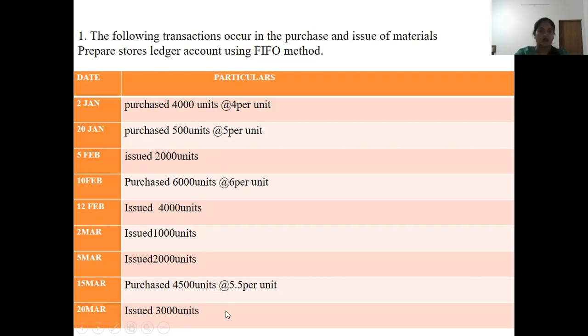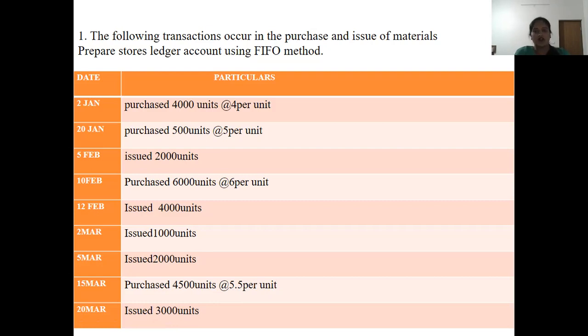This is the problem given under the FIFO method. Let me clearly explain to you regarding the FIFO method. The FIFO method explains first in, first out. For the purchases, units will be given as well as the rate per unit.